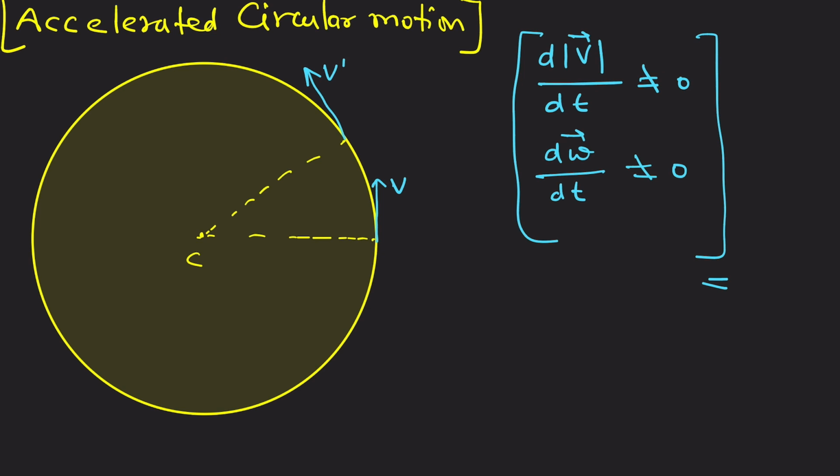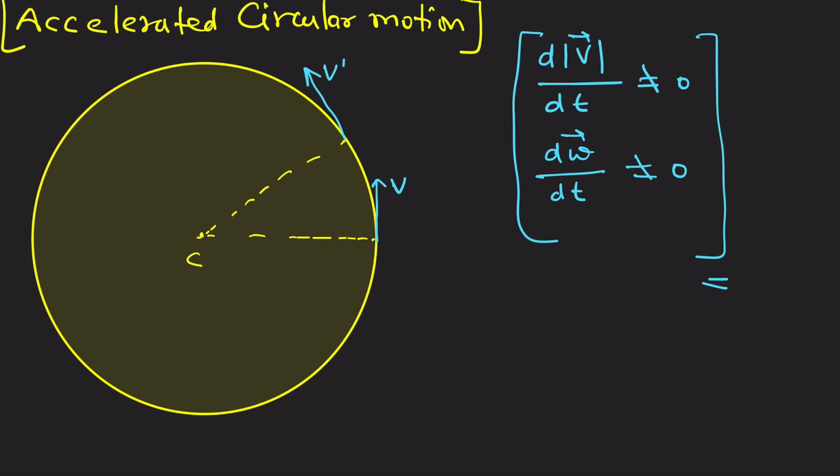It means there is some a tangential acting on the body, which is changing the speed. So a tangential is non-zero now. And of course, if the particle is moving on a circle, you are going to have a centripetal for sure.